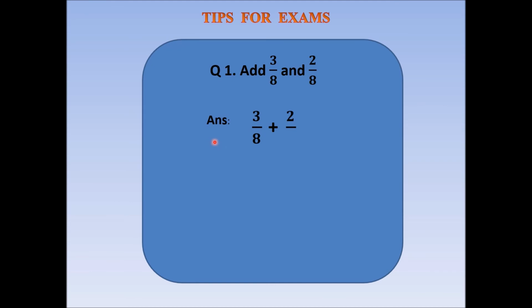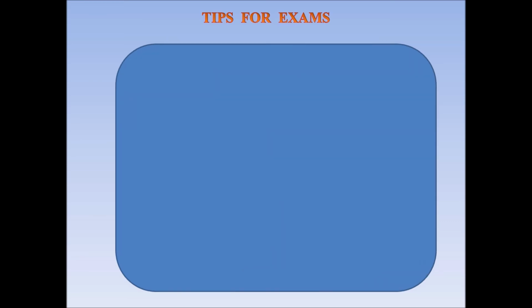In the first step, we should write 3 by 8 plus 2 by 8. The second step looks like this: you are going to add the numerators, 3 plus 2 whole divided by the common denominator. In the last step, you will just add the numerators and write the denominator as it is.